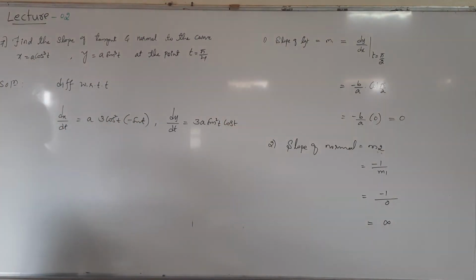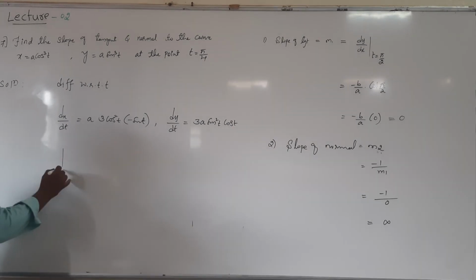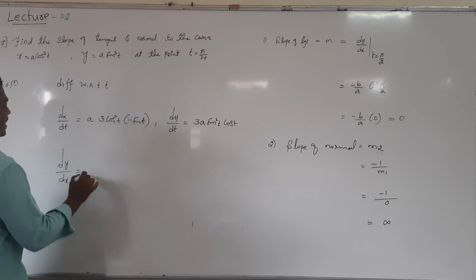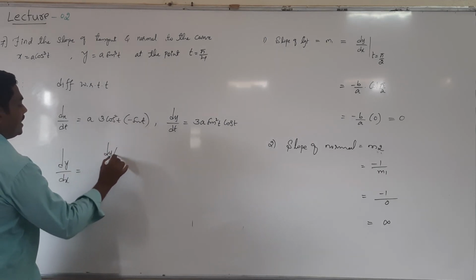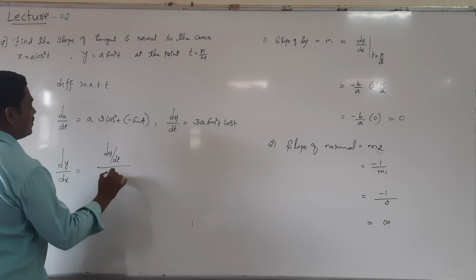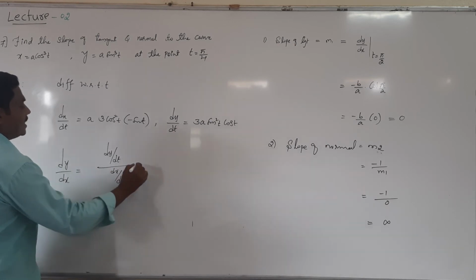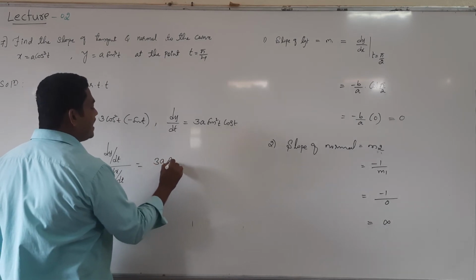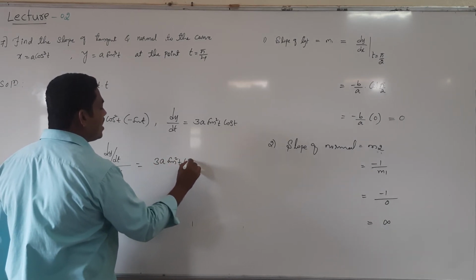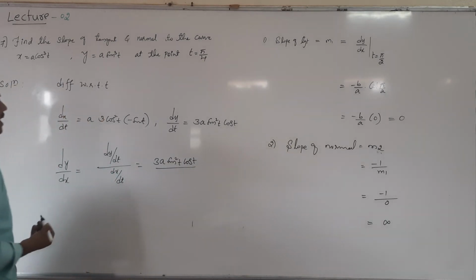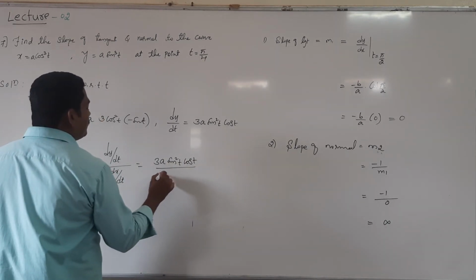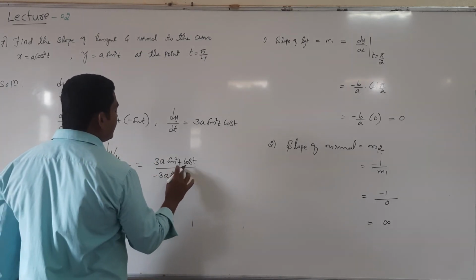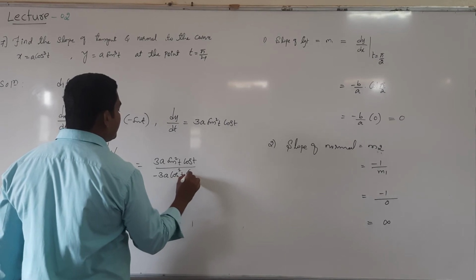After getting dx by dt and dy by dt, write dy by dx. dy by dx equal to dy by dt divided by dx by dt. That's equal to 3a sin square t into cos t divided by minus 3a into cos square t into sin t.